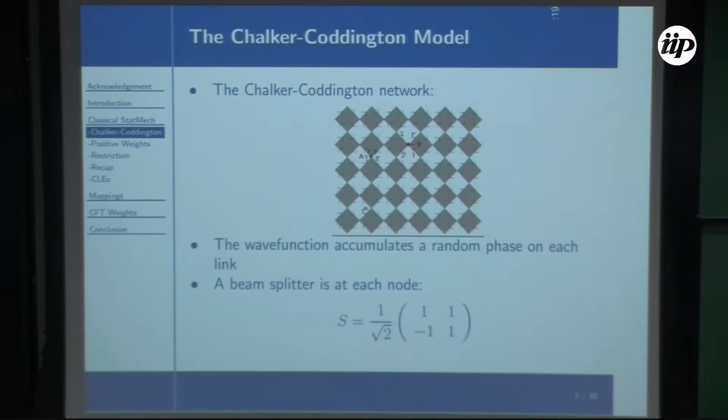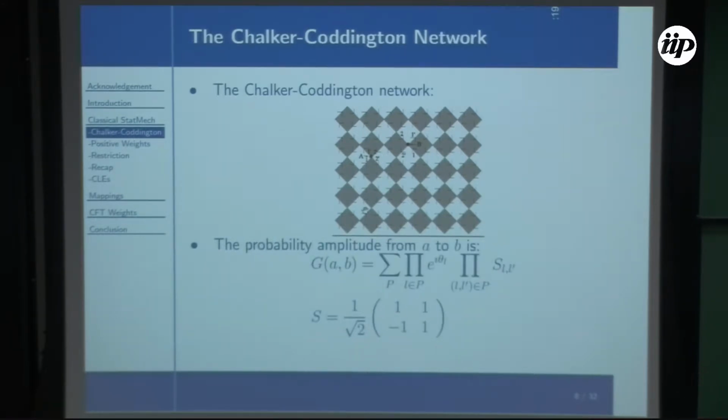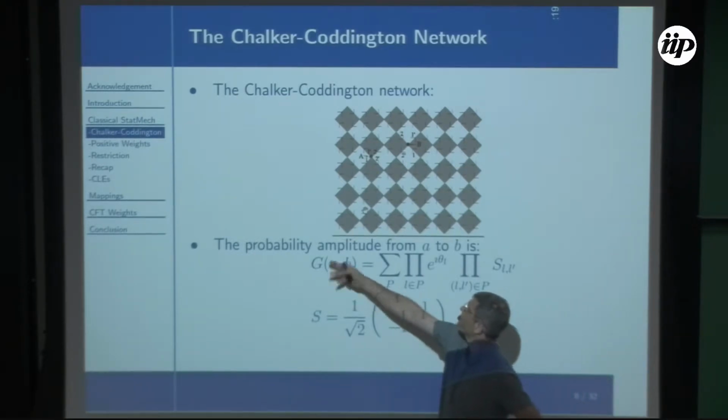And the rules of the game is that we want to compute the probability, or the conductance, from A to B. The probability that if I put an electron in A, it leaves through B of this network. And this is given by something that we term the Green function, which is the square root of this probability.